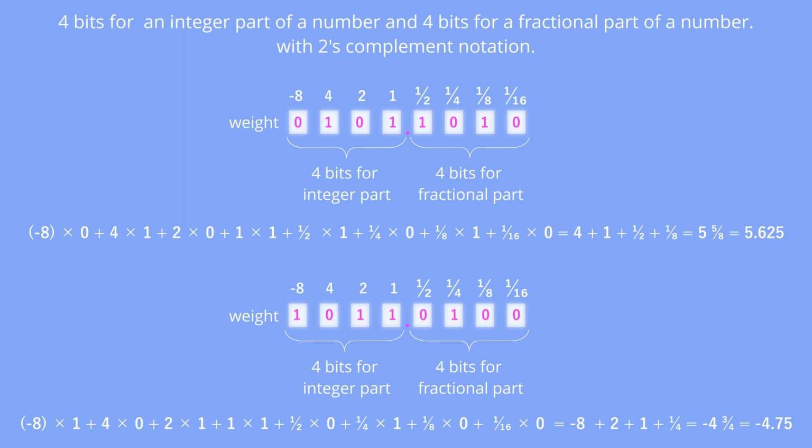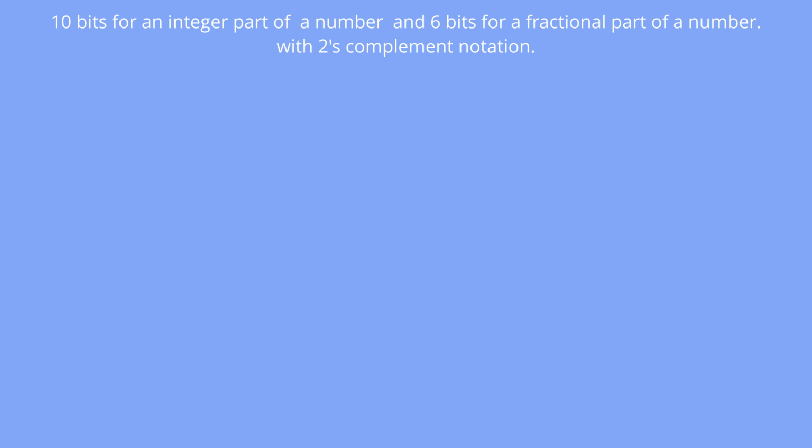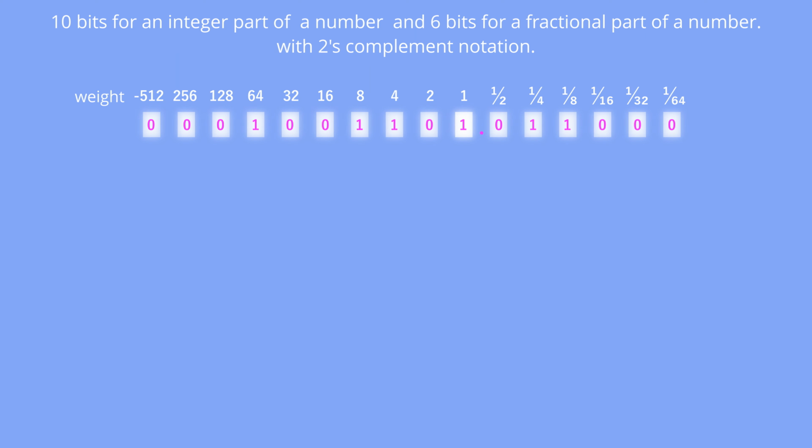or -4.75. Let's consider an example of a 16-bit fixed point binary fraction with 10 bits for the integer part and 6 bits for the fractional part with 2's complement notation. We have the number 0001001101011000.